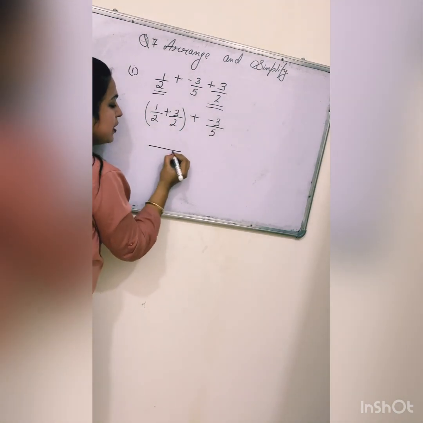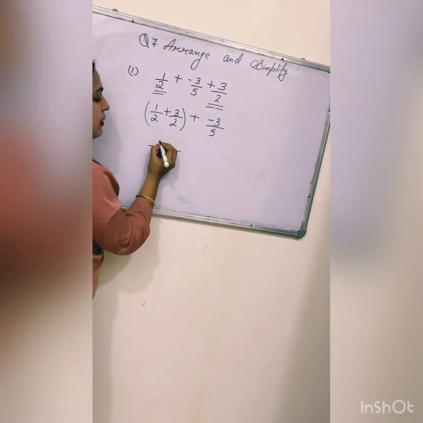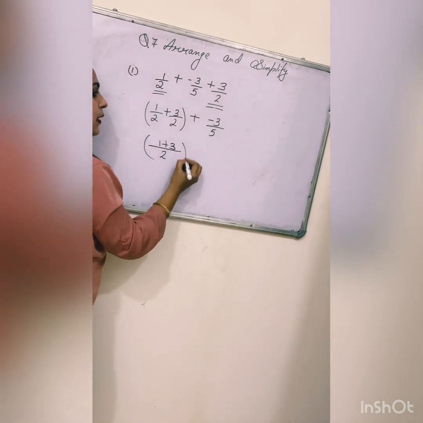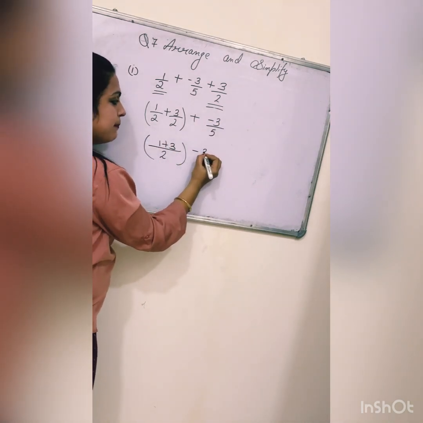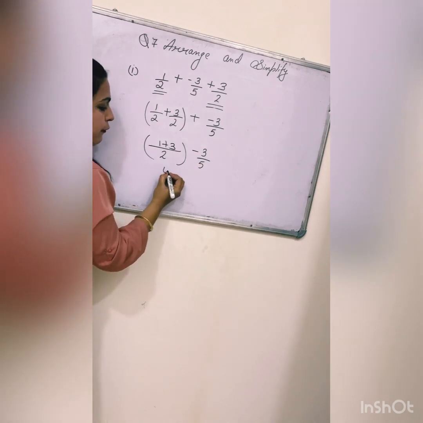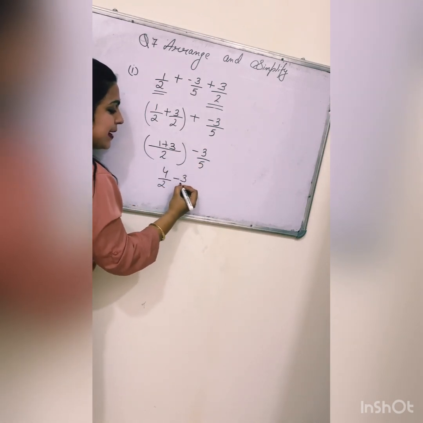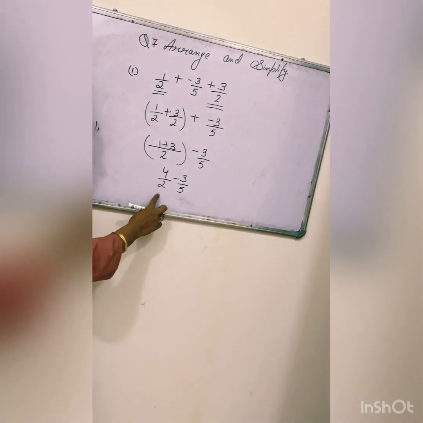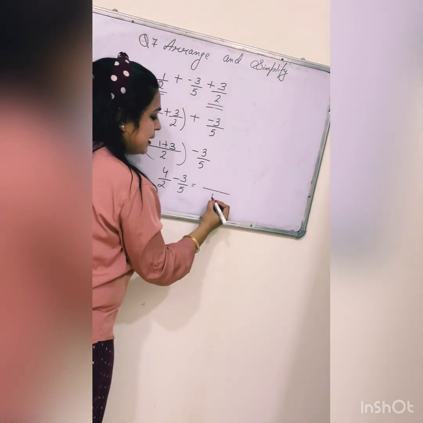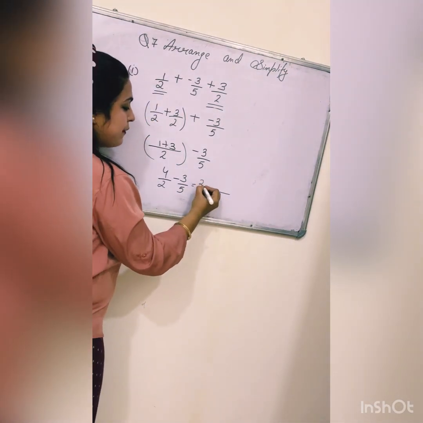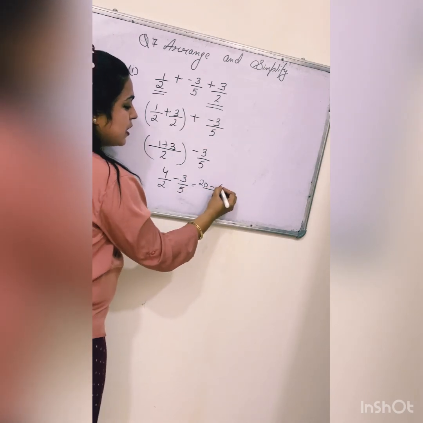Now when the denominator is the same, the LCM will be the same. This will be 1 plus 3, plus minus 3 upon 5. That is 4 upon 2 minus 3 upon 5. We'll take the LCM here. The LCM will be 10. 2 5s are 10, 5 4s are 20, 5 2s are 10, 2 3s are 6.